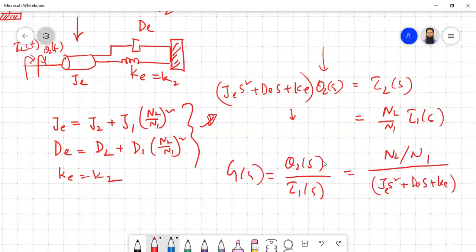So what is added because of the gear? This parameter is added; it's just a multiplying factor added to your transfer function. Okay, so this is how you have to do it. Let us do two more examples.